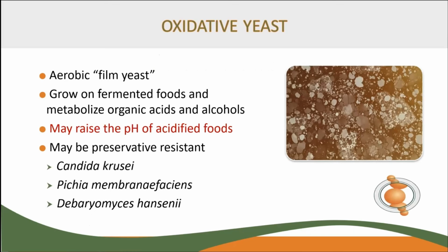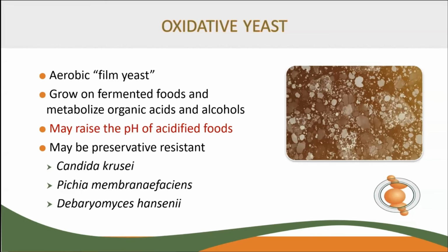Oxidative yeast is the category that we call film yeast, because when they grow they're aerobic, so they tend to grow on the surface of things, like a solution, and form a film-like structure. Oxidation is a chemical reaction in which electrons are lost, accompanied by reduction, a gain of electrons.